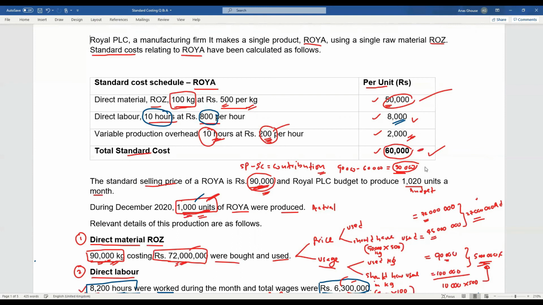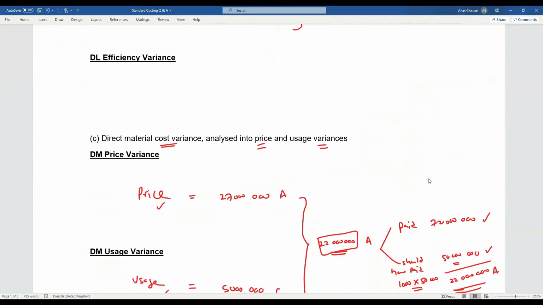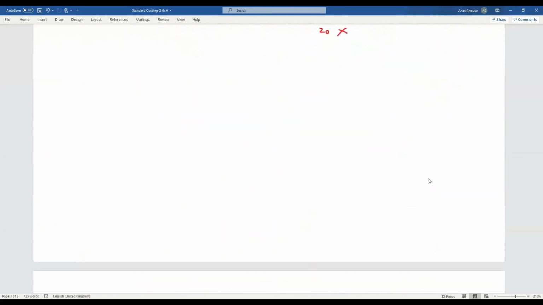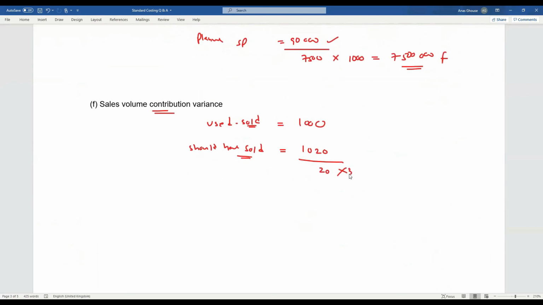So that difference times 30,000 will be our volume contribution variance, which is 600,000. That is an adverse variance because we were planning to sell 1,020, but we sold 1,000.